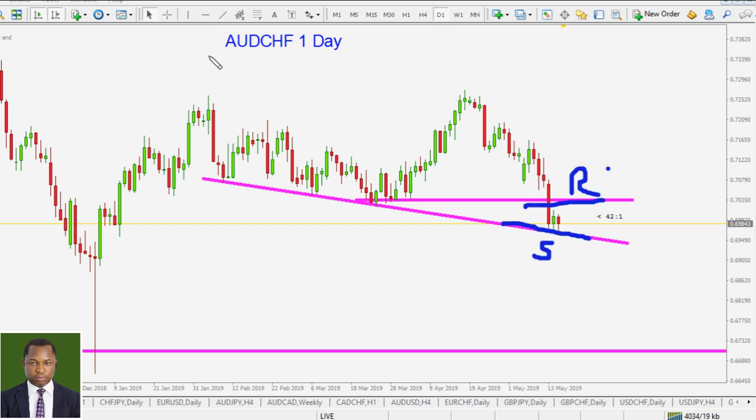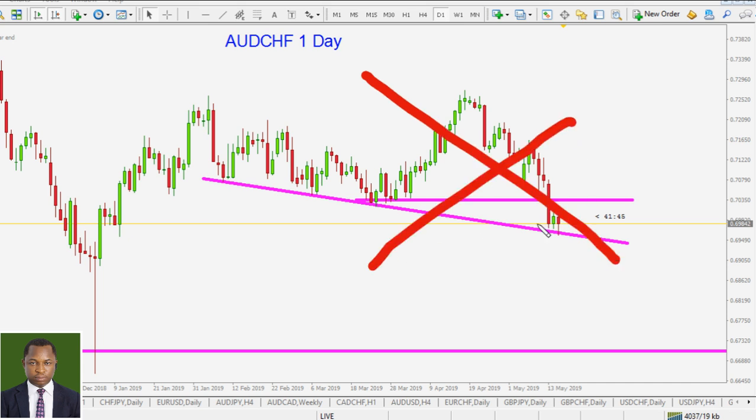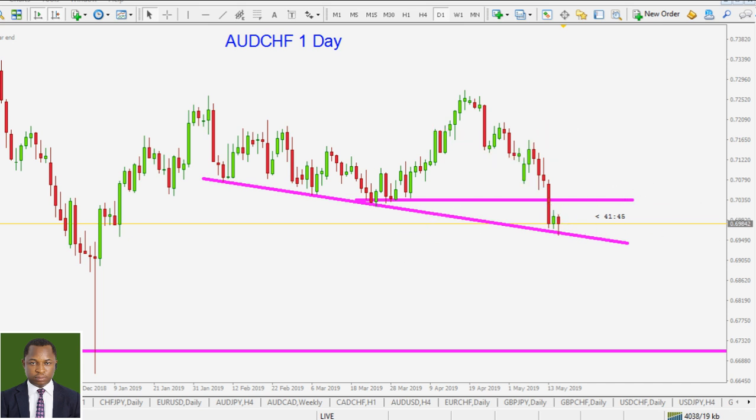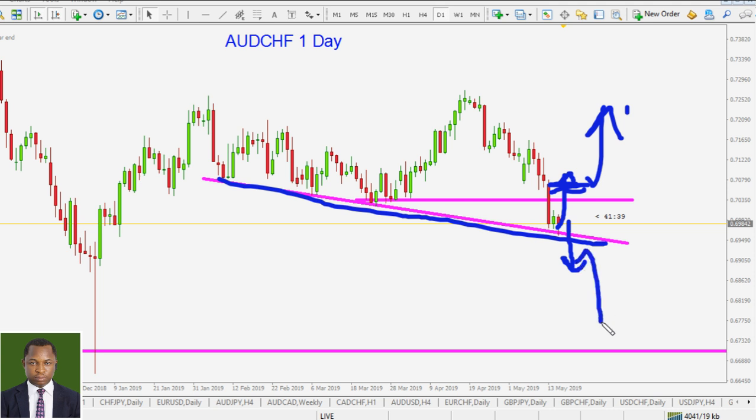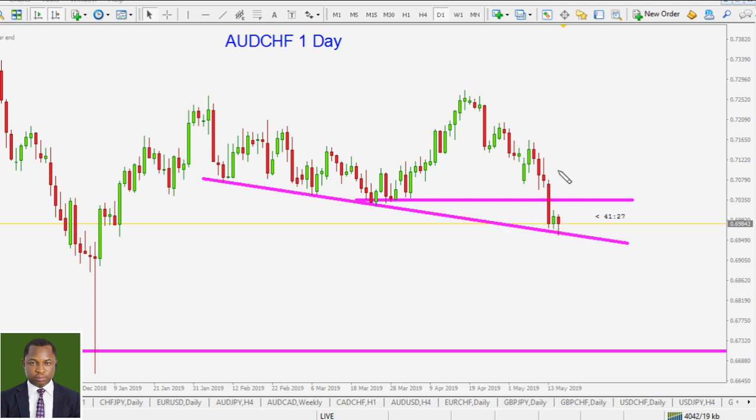If you're looking to trade the Australian dollar against the Swiss franc, the best course of action is to avoid trading here for now until price pushes to the upside, where you can look for your long entries, or pushes to the downside below this level of support, where you can look for your short entries. For now, it is trapped in between. You need to be patient and wait for price to move away.